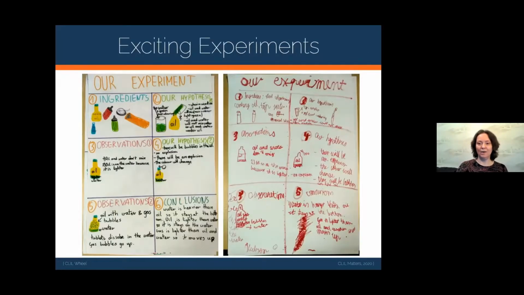Okay, so I've got a proper handout that you can use with teenagers, but I also use this experiment with 8-9-year-olds in a language school, and it was very much controlled. You see the posters that they made: ingredients, hypothesis, then observations, then second hypothesis, and more observations and conclusions.